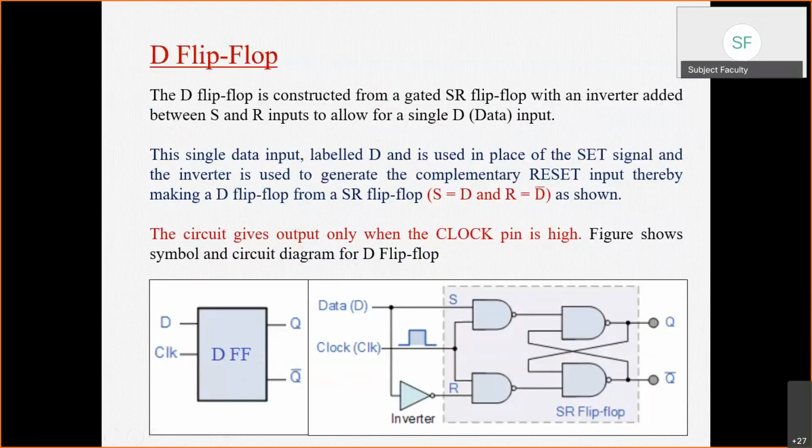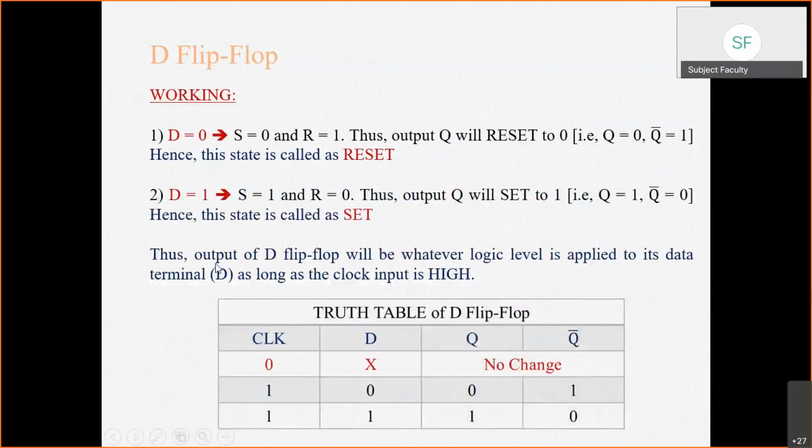Okay, so this is regarding the D flip-flop. So what we have discussed so far is the working. You can observe when D equals 1, S equals 1 and R will be 0. So the output Q will be set to 1.